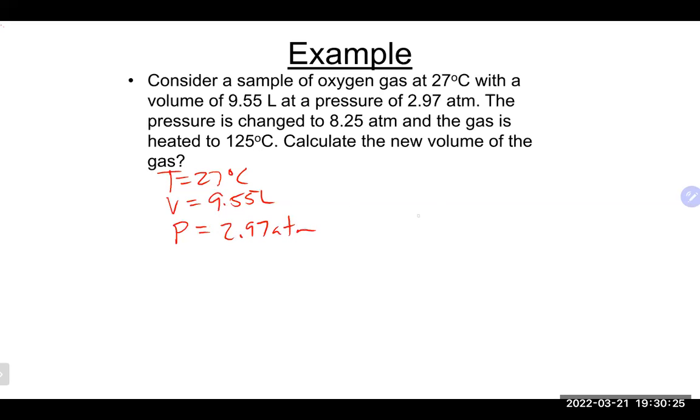That is followed by another pressure here of 8.25 and a temperature of 125 degrees Celsius, and we are looking for a volume. So just by pulling out the information, that really should lead you to the combined gas law, which is the only one that really deals with all three of these variables together.